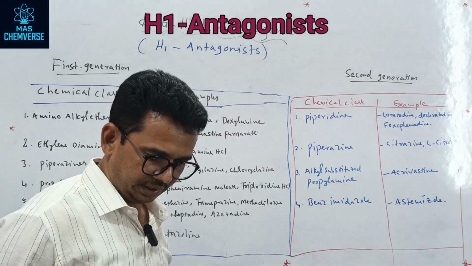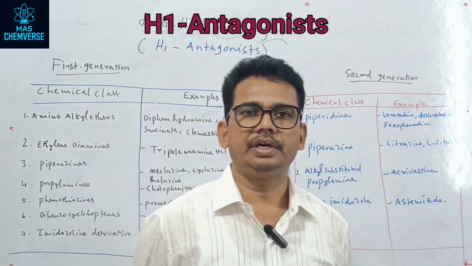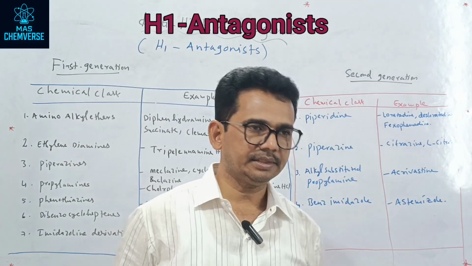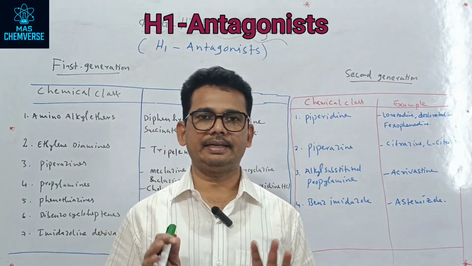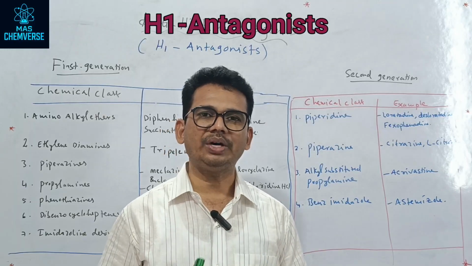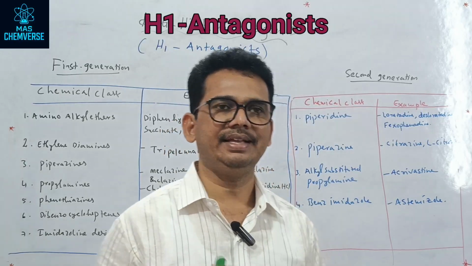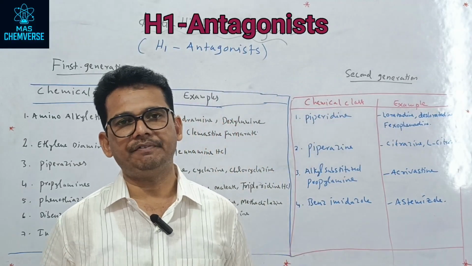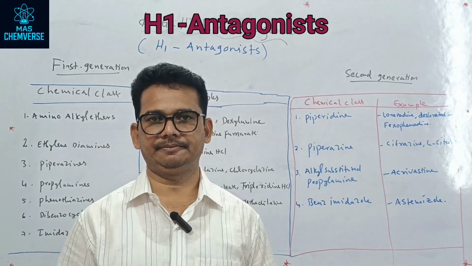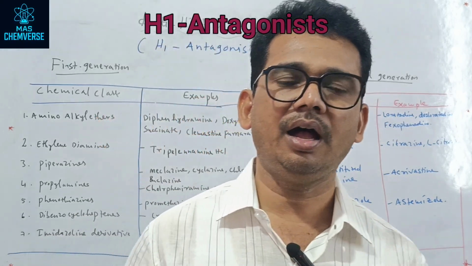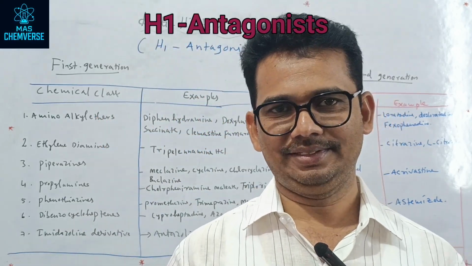Before going to the H1 antagonist, we will discuss what antihistaminic agents are. Antihistaminic agents are drugs or chemical agents used to counteract the action of histamine, which means they prevent the action of histamine.